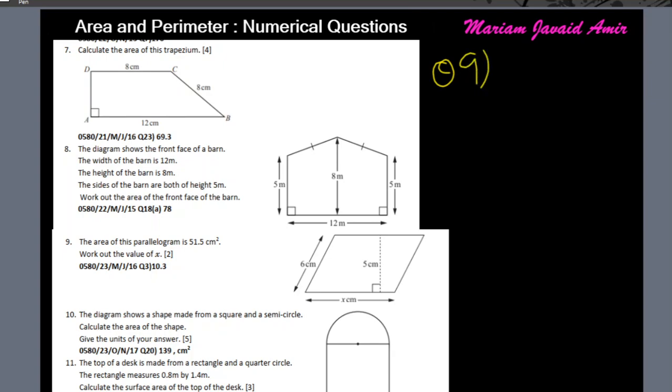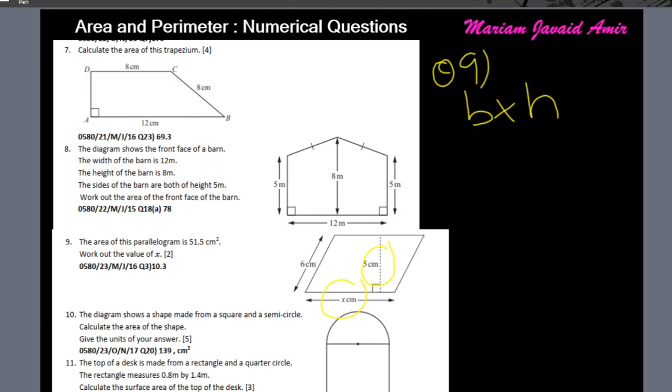The area of the parallelogram is 55.1 centimeters square. Work out the value of x. So the formula for area of a parallelogram is simply base times height. So base is x and height is 5. And we have the value for the area.